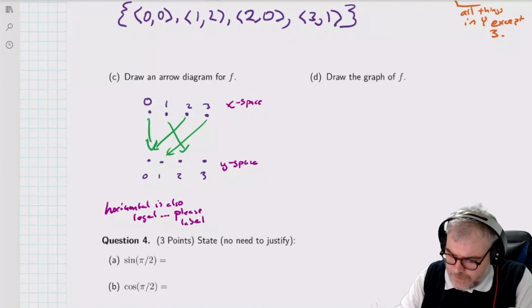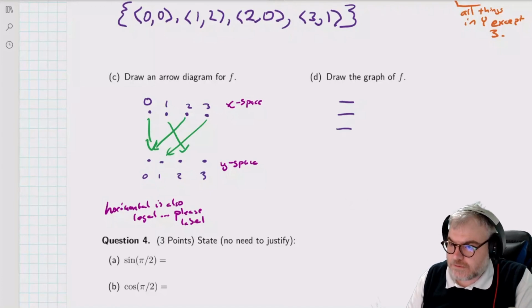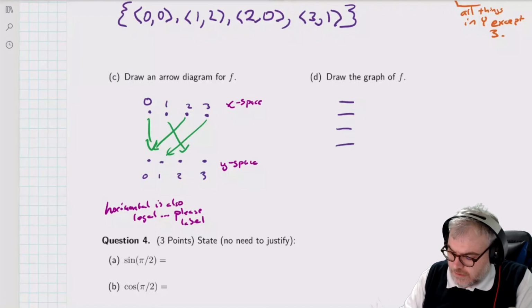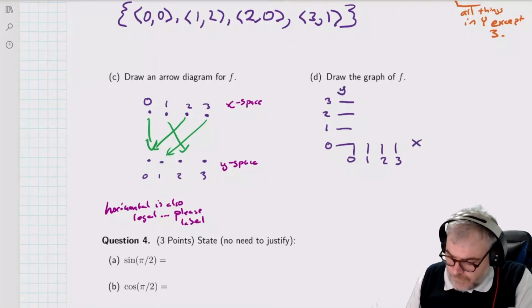All right. Draw the graph of F. All right.